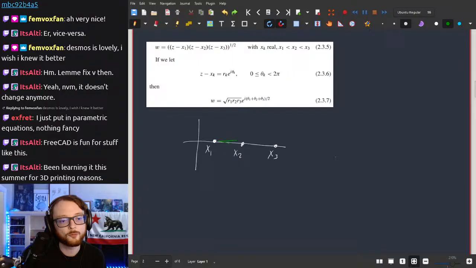If I cross through here, we get a problem if we circle around x1. We don't get problems from circling around x2, and we certainly don't get problems from circling around x3.